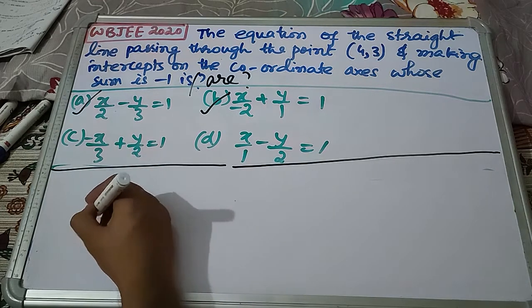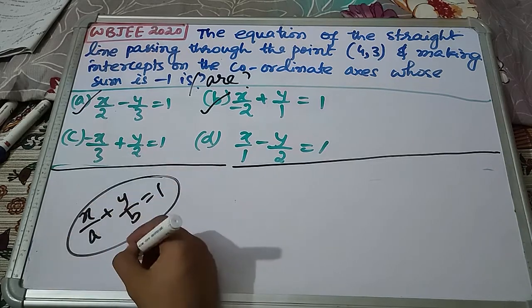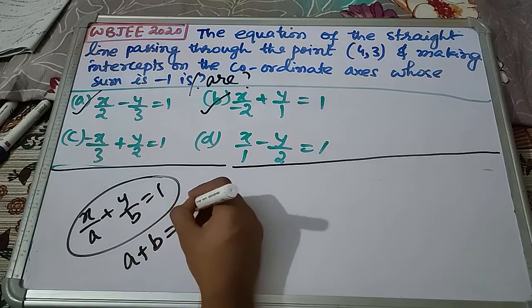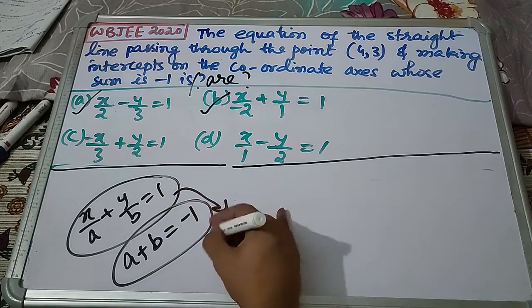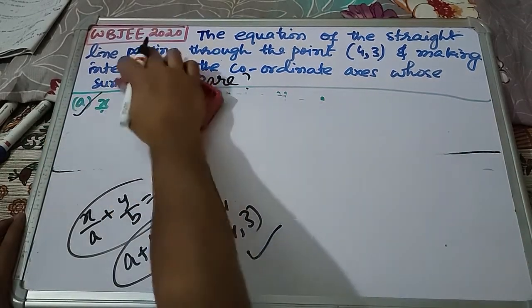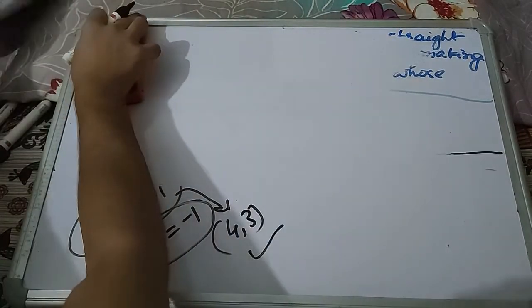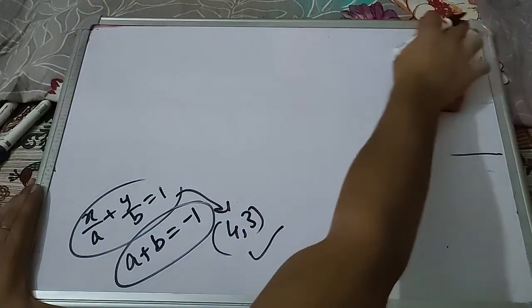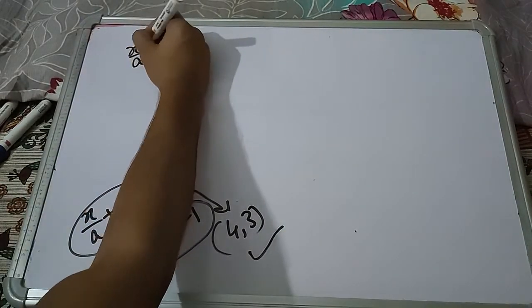So let me consider the line as x by a plus y by b equals 1. This is our line. The information given to us is a plus b equals minus 1, and this line passes through 4, 3. This is sufficient for us to get to the solution. X by a plus y by b equals 1.